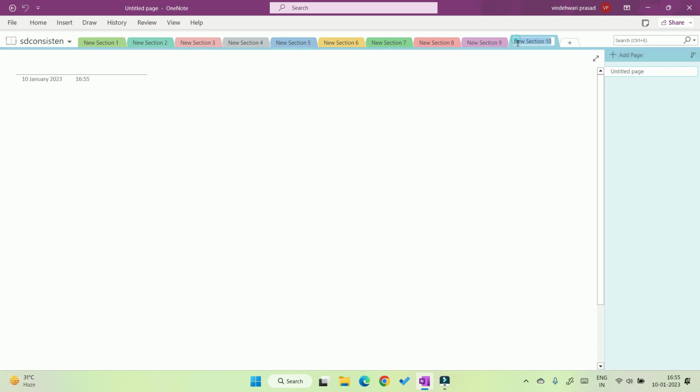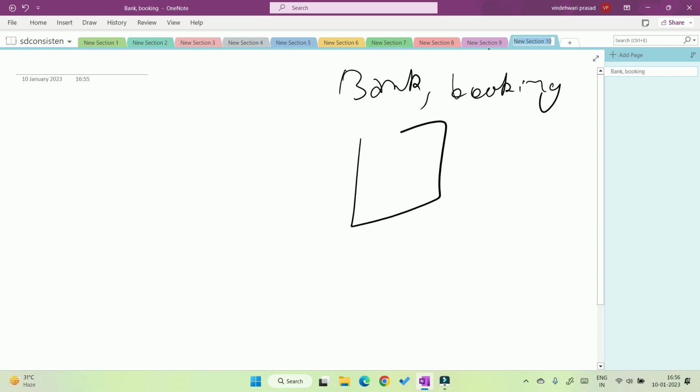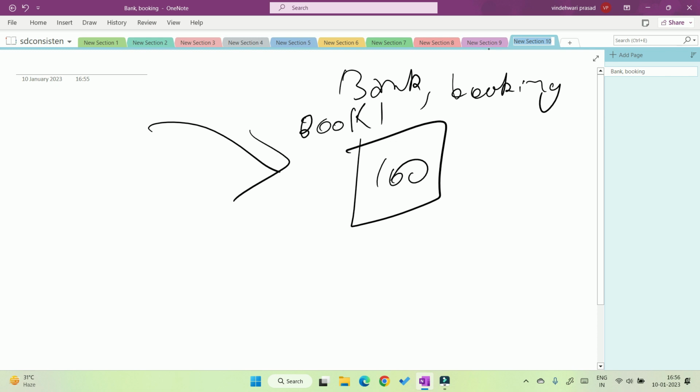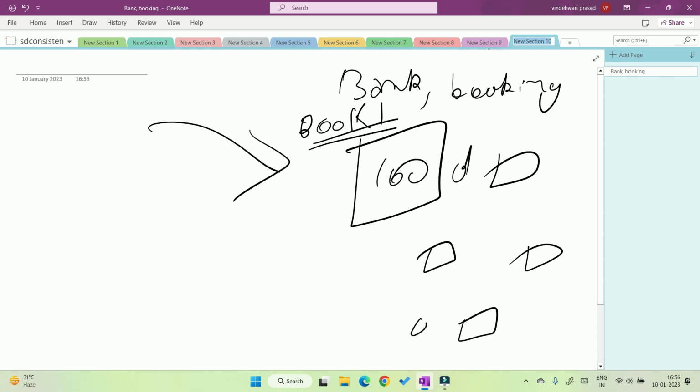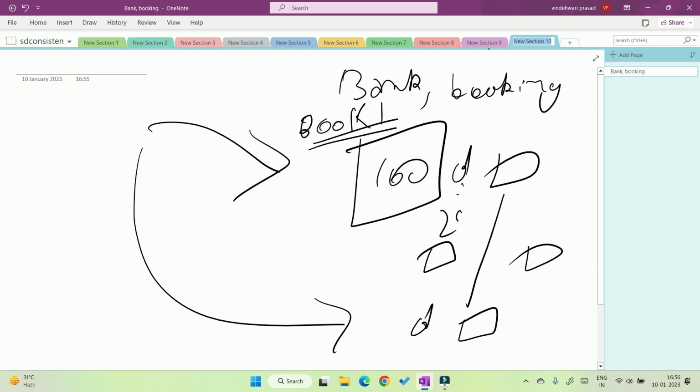For example, banks and booking services. How? Imagine there is a hotel, they have 100 rooms. If one person books room number 1, and there are hundreds of servers, this data is present here, and it takes 2 seconds to get updated.